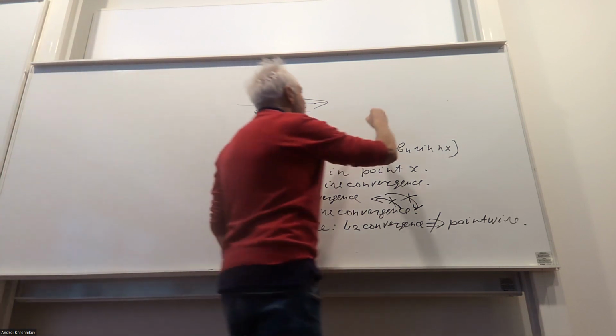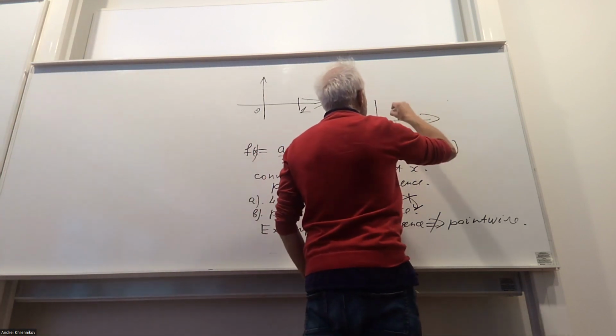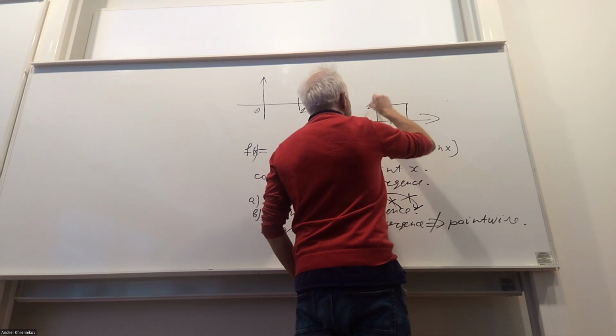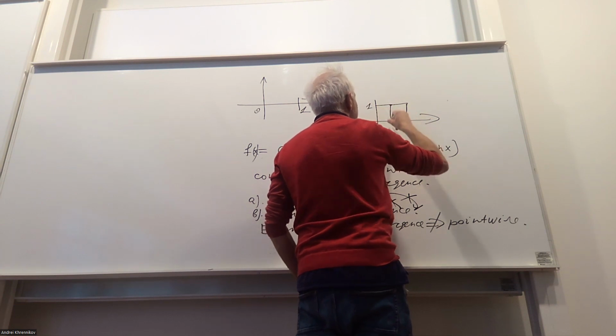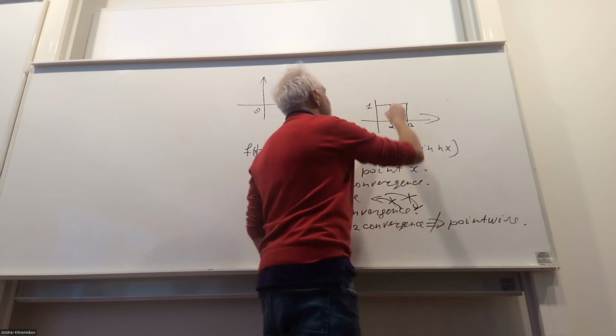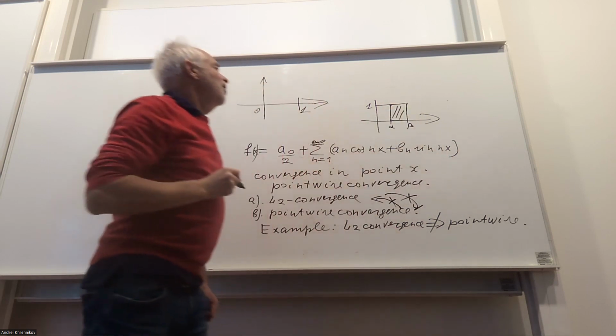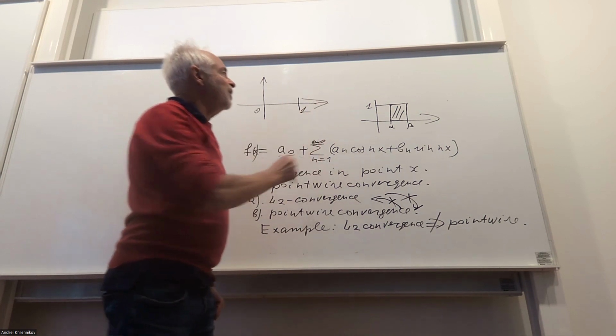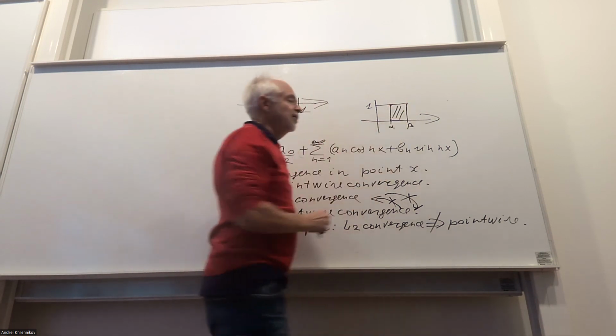Now, first of all, take a function of this type: it is 0 everywhere, but on some segment [alpha, beta] it is 1. Its integral, as you know from school, is the area of this rectangle.